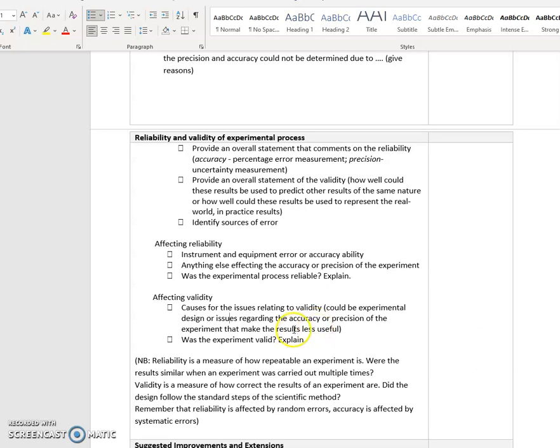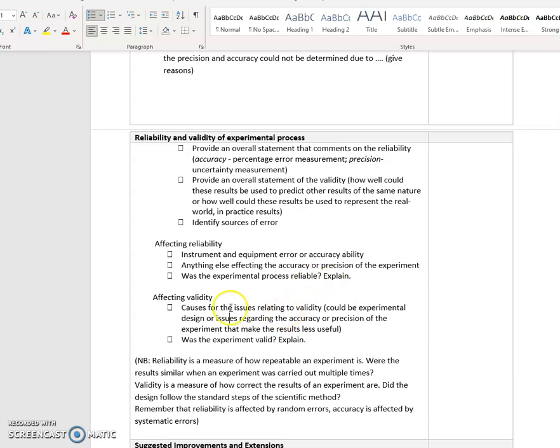So maybe some of them were not used correctly or not calibrated correctly. Maybe the amount of magnesium that was used was more than the amount of hydrochloric acid for some of the concentrations, so it prevented the full reaction from occurring. So when you conduct those trials multiple times, all of the results would be off because the amounts of those two reactants mixed together didn't effectively work for a full reaction.